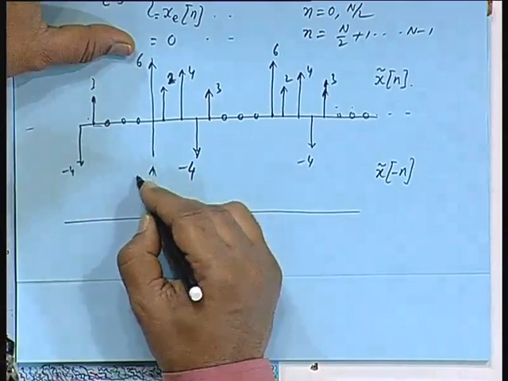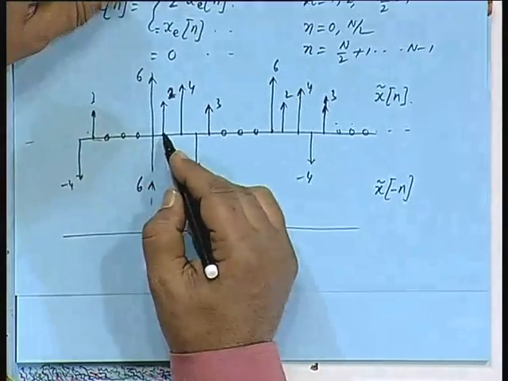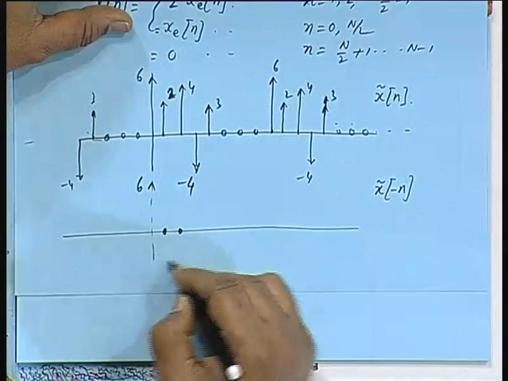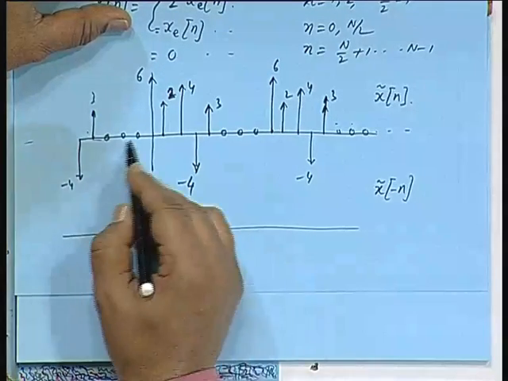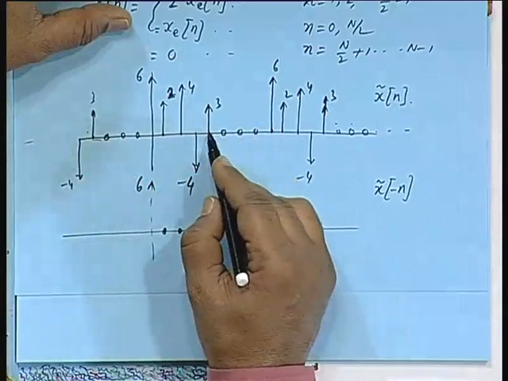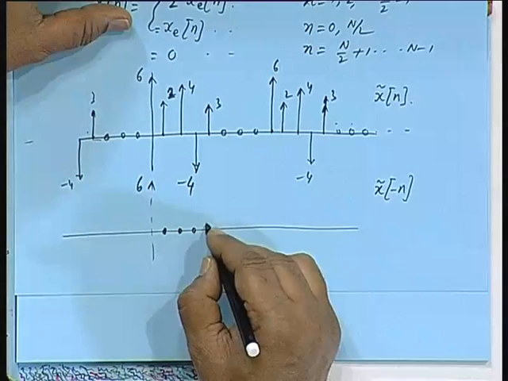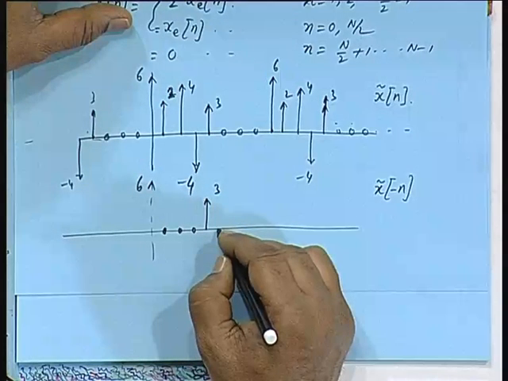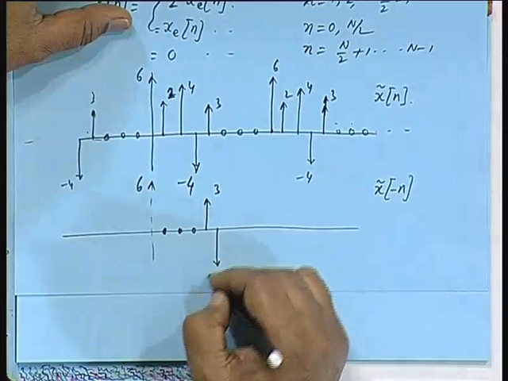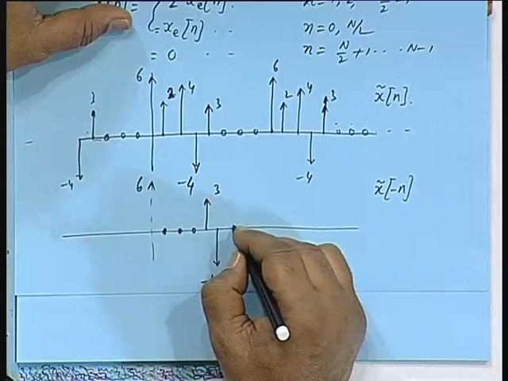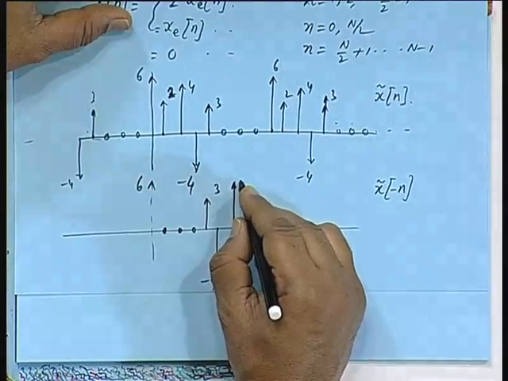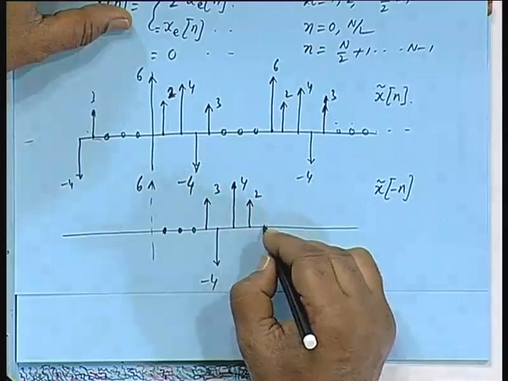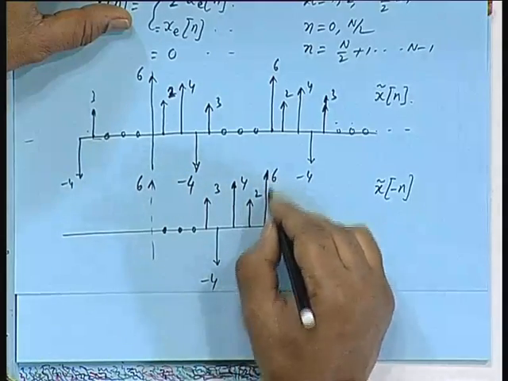It will be 6, then go from this side 0, 0, 0, is it not? 0, 0, 0, then 3, then minus 4, correct me if there is any slip, 4, then 2, then 6, and that repeats.